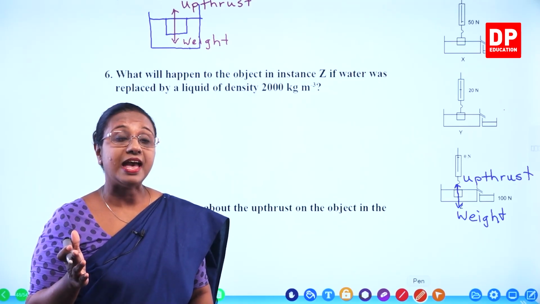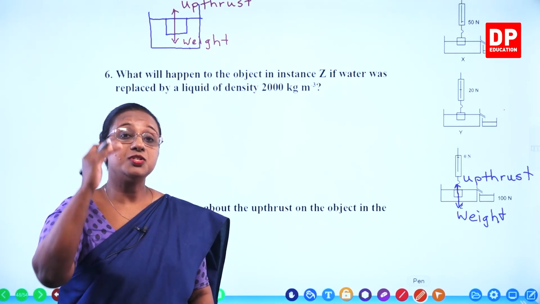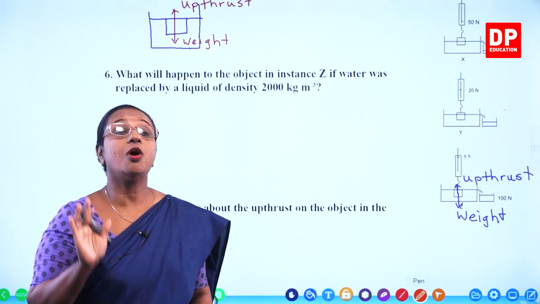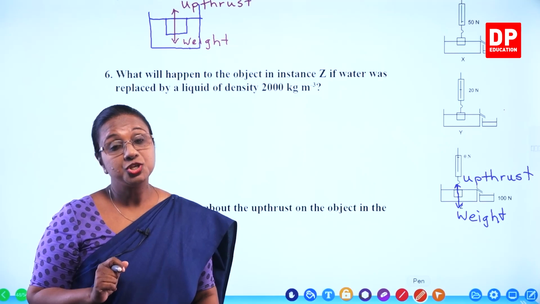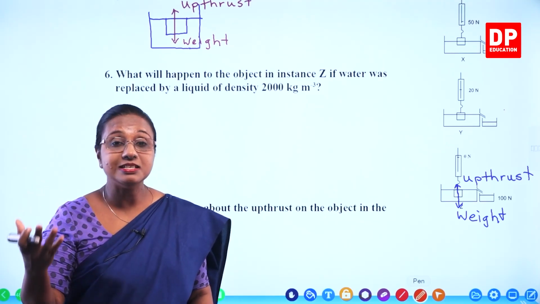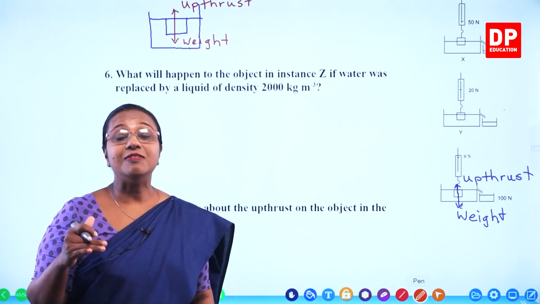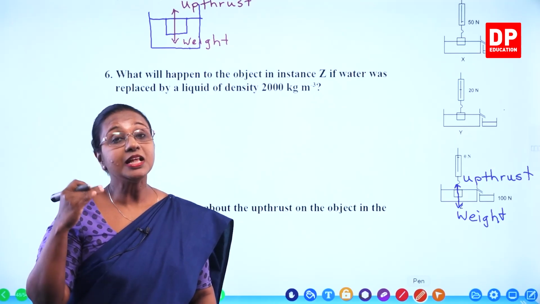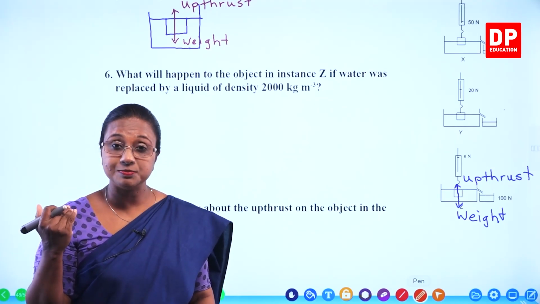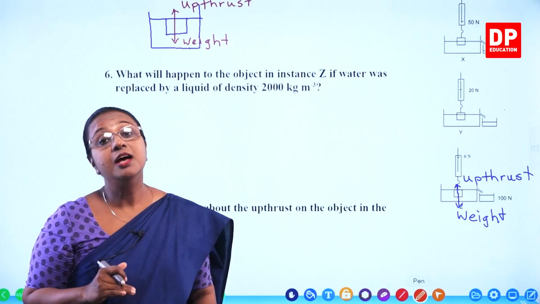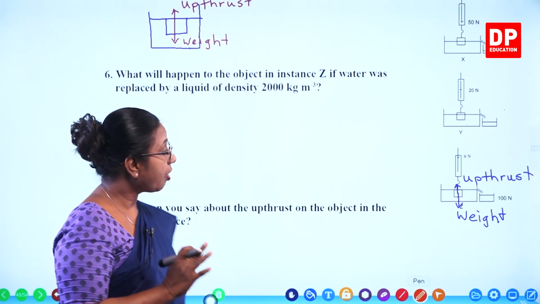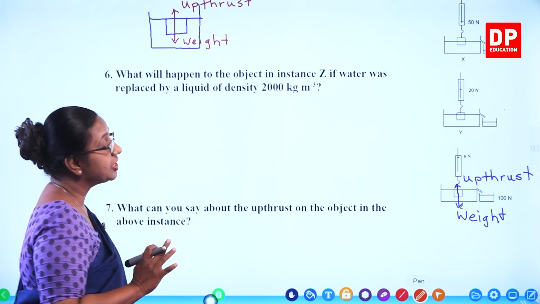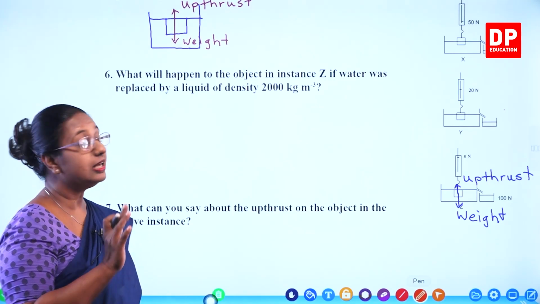So because of that, to balance that upthrust with the weight of the object, the object will be pushed up. So the liquid that is displaced will be less. The weight of the liquid that has been displaced will become equal to the weight of the object. So the object will be partially submerged and floating in the liquid.